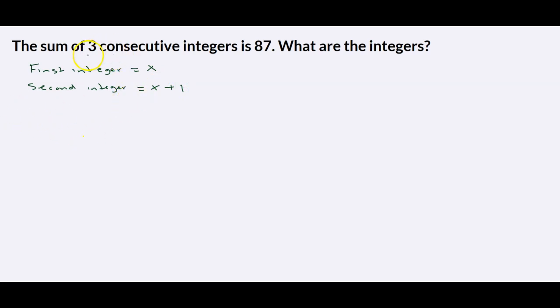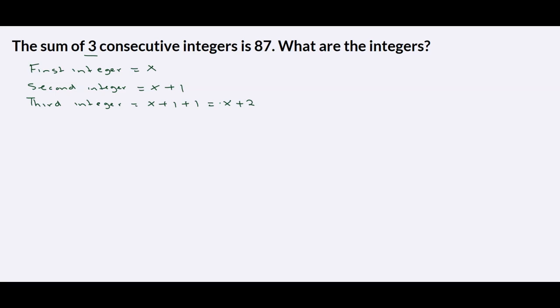And the third integer is going to be the second integer plus 1, so it's x plus 1 plus 1, which is the same as x plus 2.